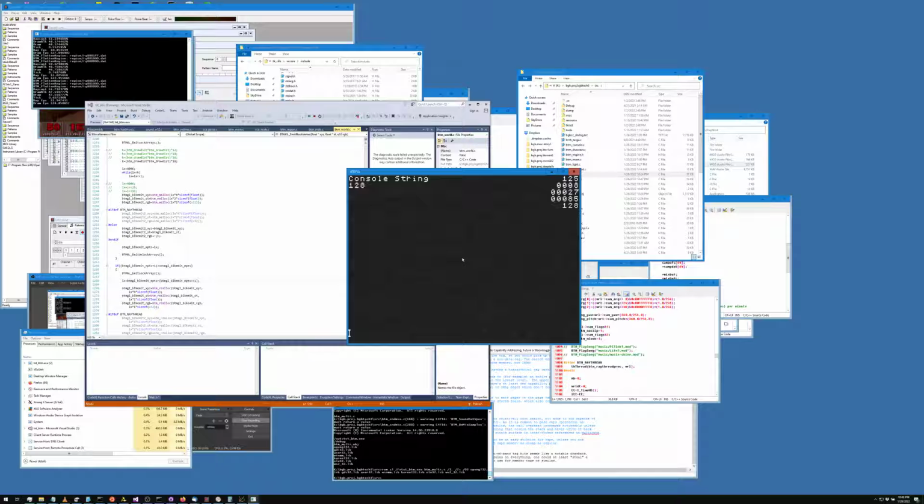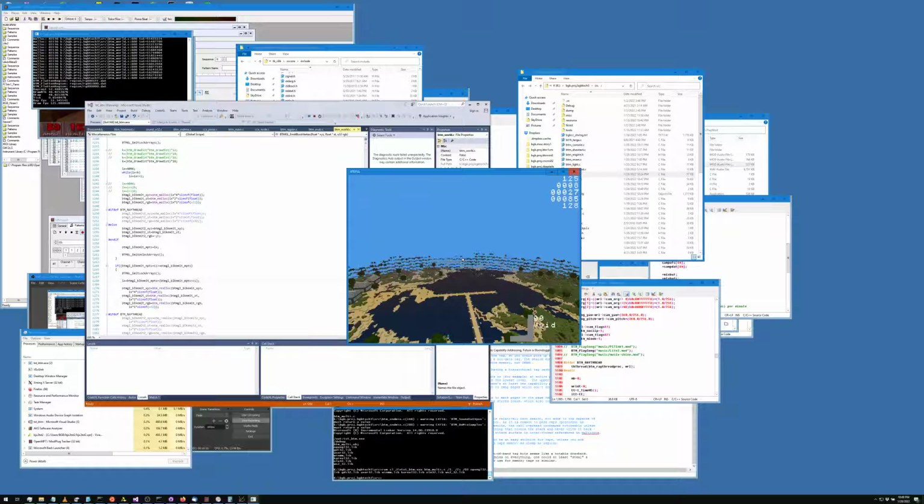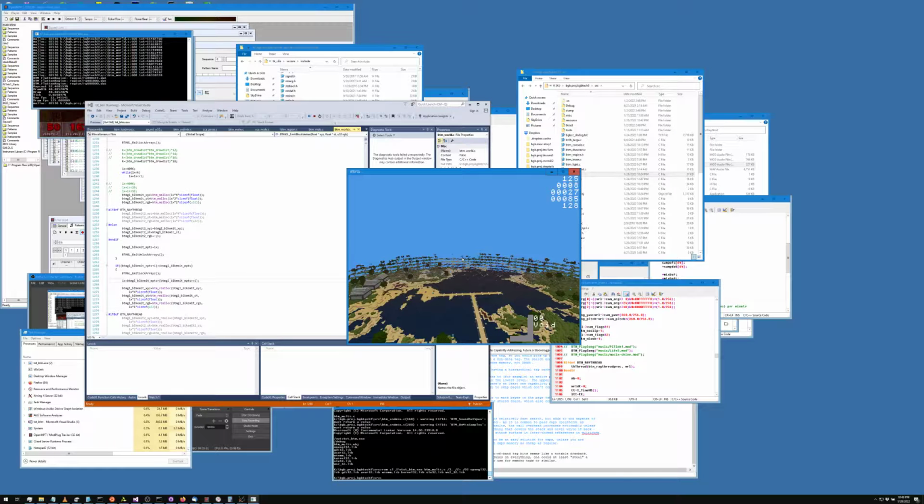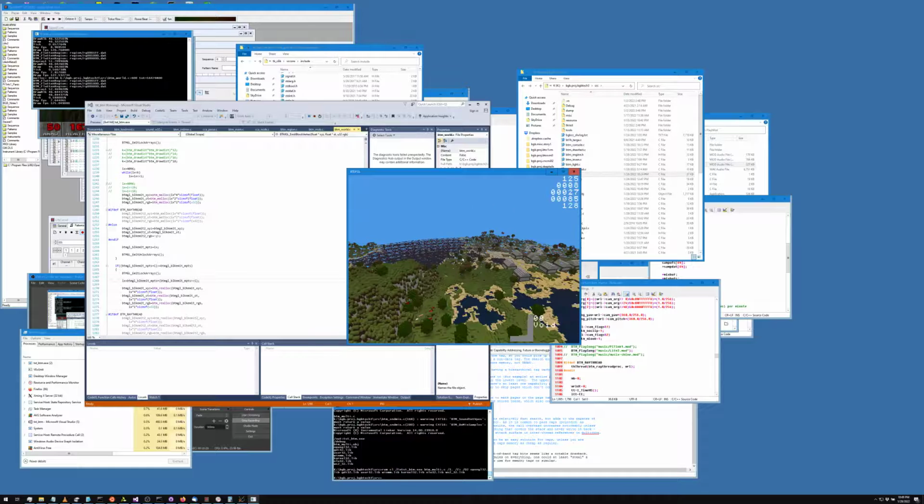I can, in theory, crank the draw distance up further and see if it handles this. So in theory now it's trying to expand the draw distance up to 256 blocks, but seems to be struggling, probably with the raycasting.